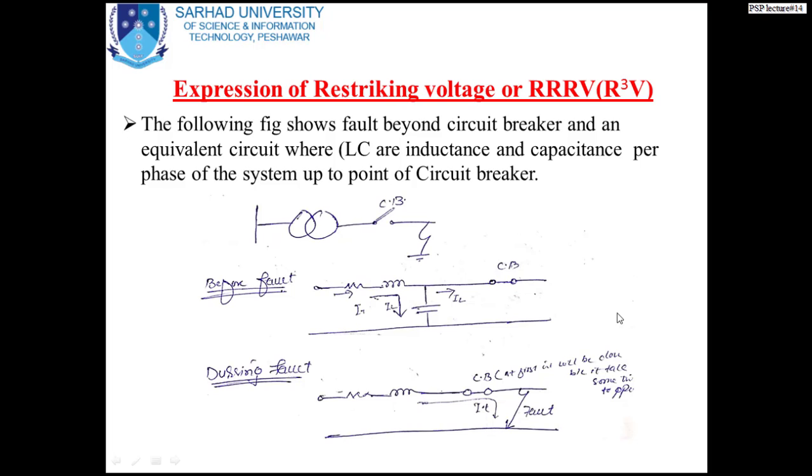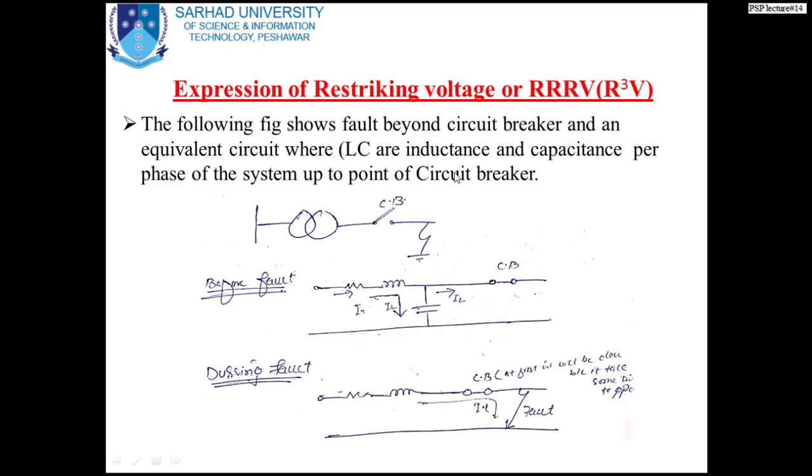Whenever the circuit breaker is open and the arc is about to be extinguished, we have a transient condition, and a very high voltage can appear across the two terminals, the fixed terminal and the moving terminal of the circuit breaker.